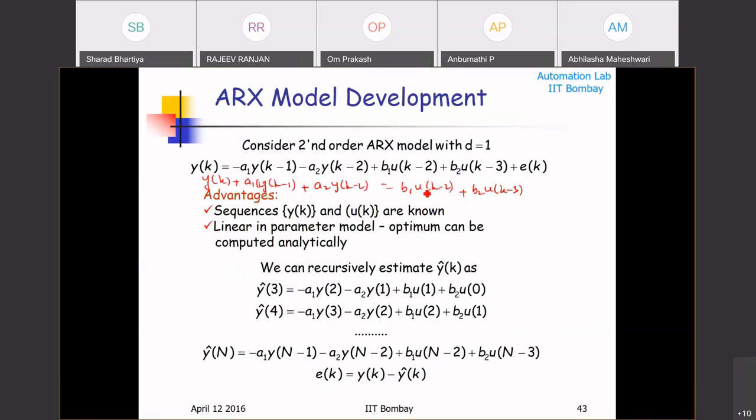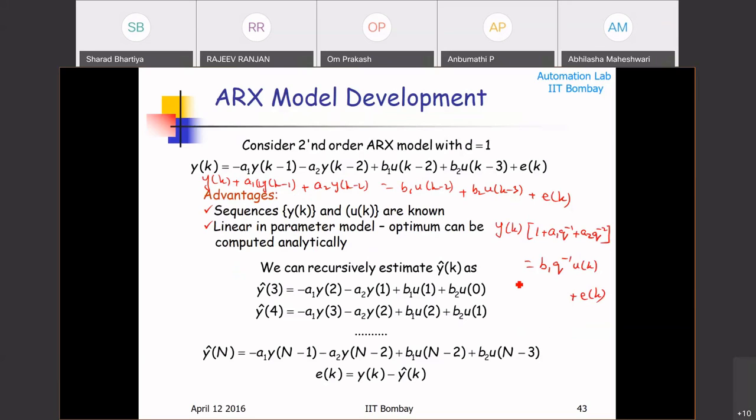Note that there is only one input. Now I know that if I use my shift operator, I can write this as y of k into 1 plus a1 q inverse plus a2 q to the power of minus 2 is equal to b1 q inverse into u of k plus e of k.